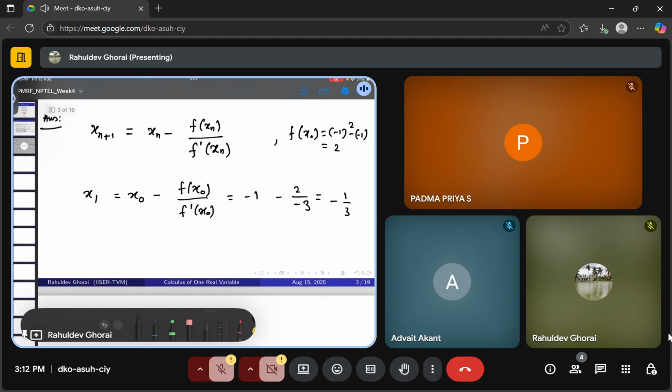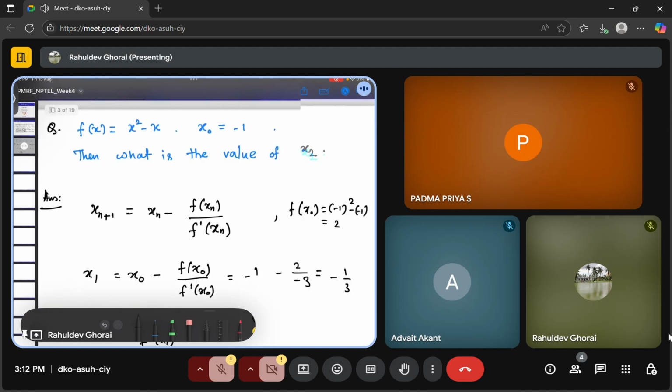Now once you got x1, what will be x2? x2 will be x1 minus f of x1 over f prime x1. x1 is negative 1 by 3, minus f of x1. What is f of x1?